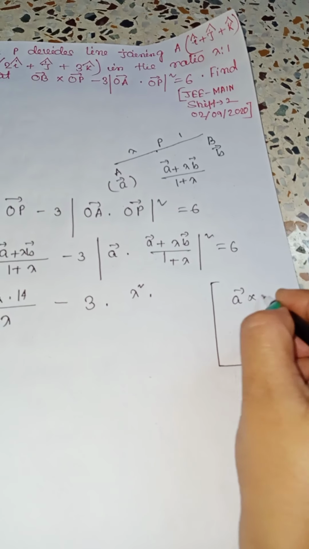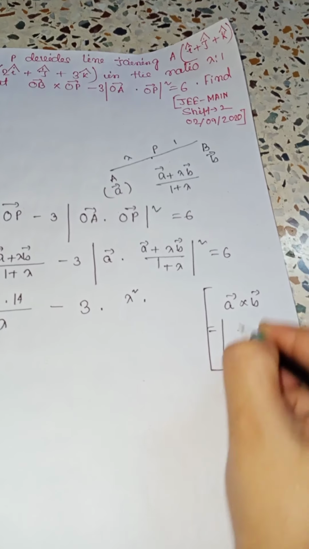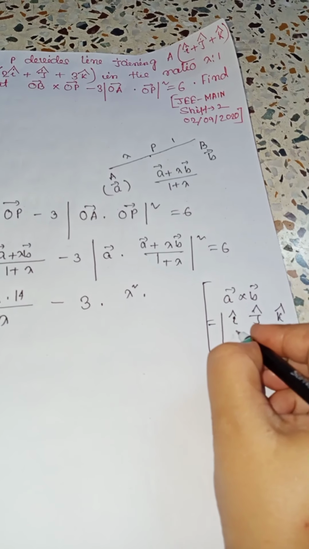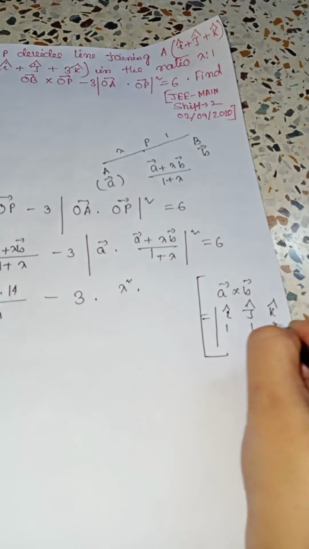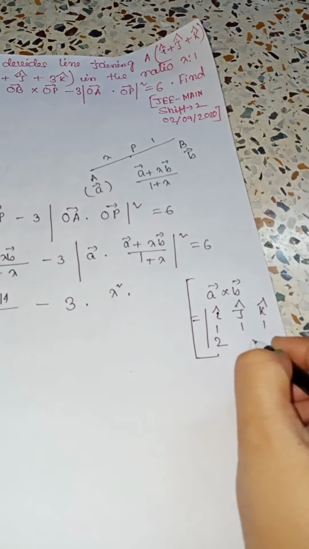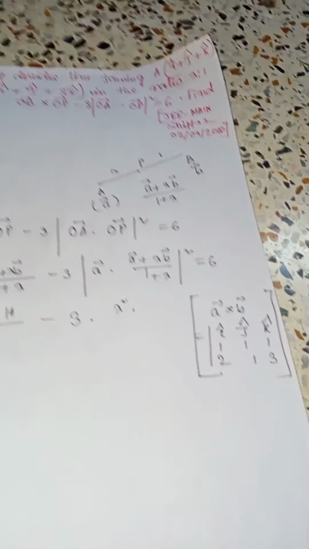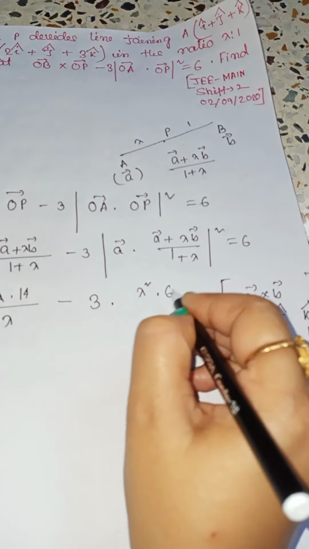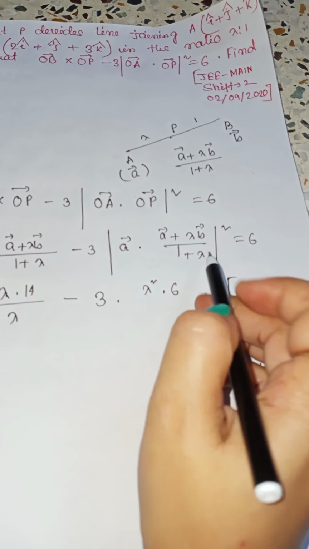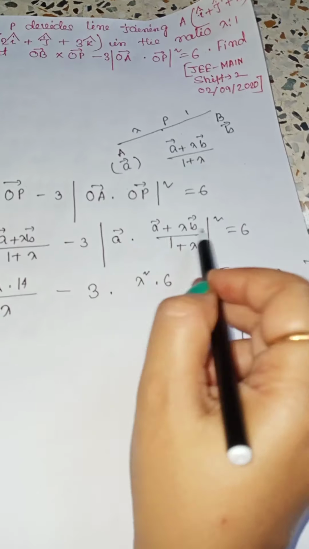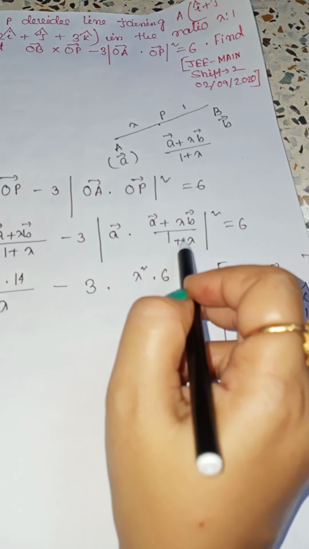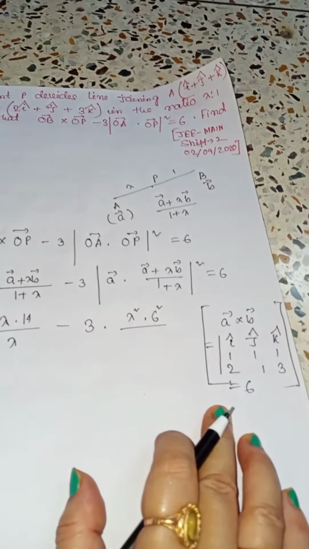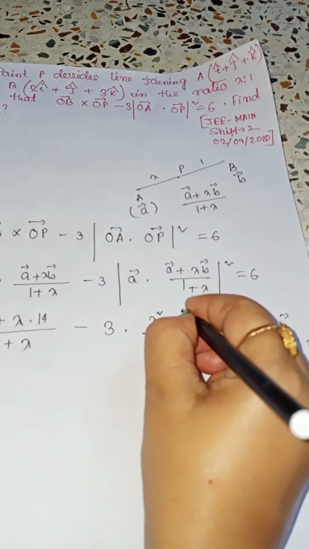A vector cross B vector is equal to, we may say, i cap, j cap, k cap, and it is 1 1 1 and 2 1 3. So it is equal to 6. So A cross B is equal to 6, and lambda square into it becomes 6 cube.